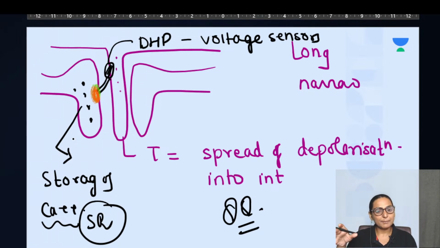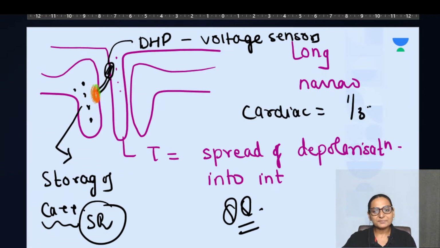And if you compare this with cardiac muscles, you will see that in the cardiac muscles, 1/3 of the calcium is from the ICF, that is the store house, and 2/3 of the calcium is coming from the ECF.